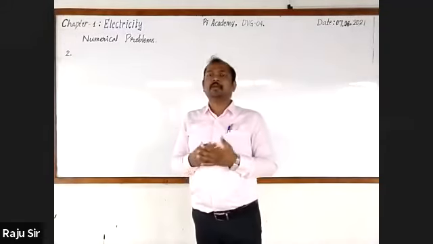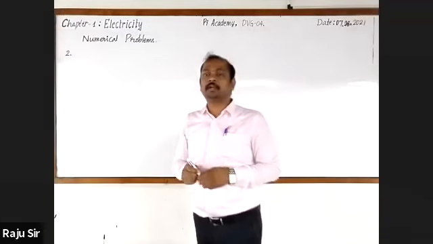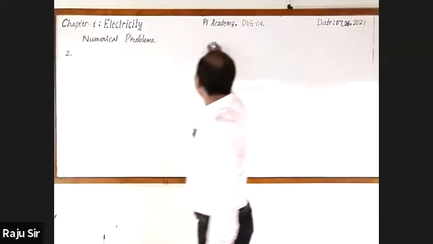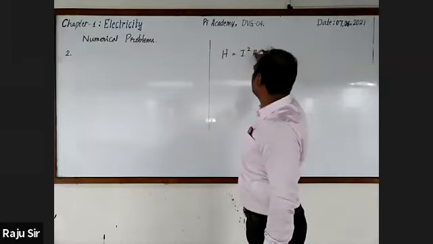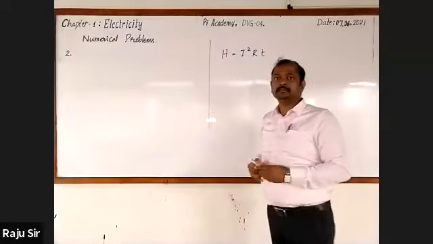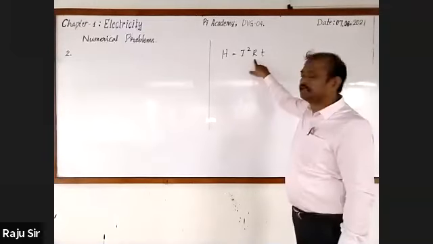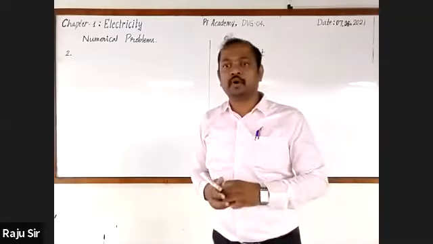For this purpose, we have a formula to find out heat energy developed in the circuit, that is H is equal to I square into R into T, where I is current, R is electric resistance, T is time for which electric current flows.